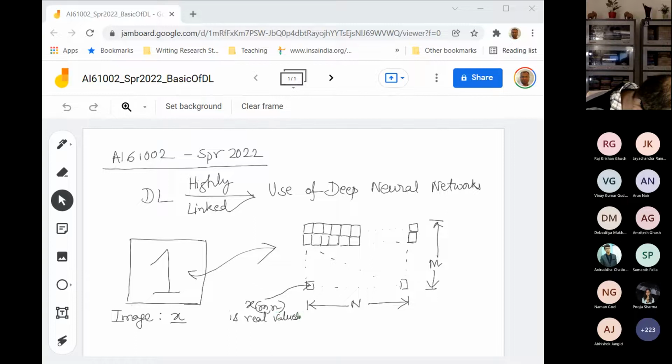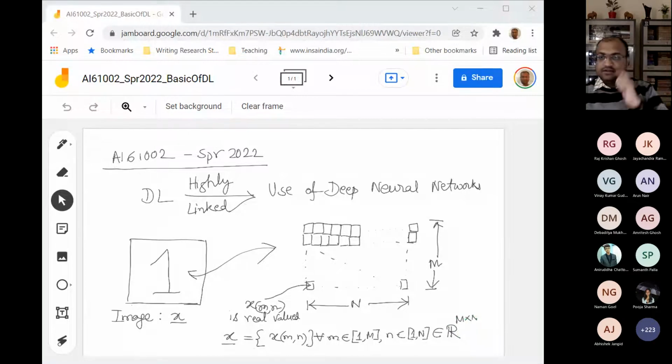Okay. Now, if this is the scenario and say that x of m comma n is real valued, in that case, you can write x as this collection of x of m comma n for all m belonging to 1 to capital M and small n belonging to 1 to capital N. And you also see that this x can accordingly be written as belonging to R, the set of real numbers, to the power of M cross N. So this belongs to a set of real numbers which forms a 2D array.